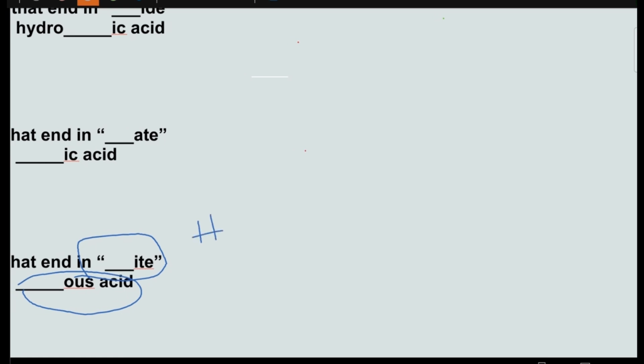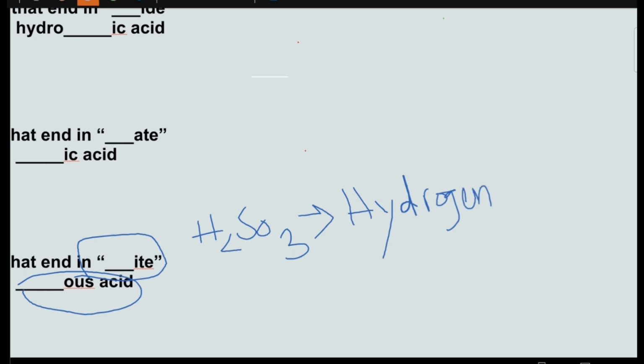Let's have a look at an example. Here, if we had to name H2SO3 in the usual manner, we would name it hydrogen sulfite, where hydrogen is the cation and sulfite is its anion. As you can notice, the sulfite ends with ITE.